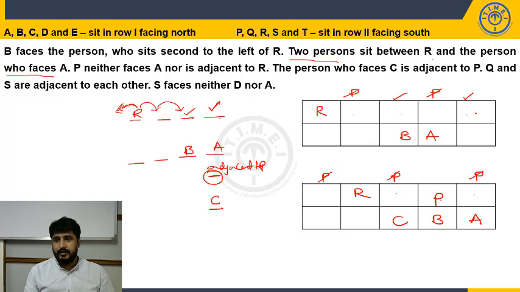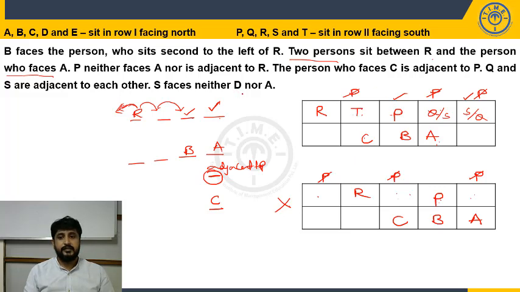P here, P's adjacent opposite C, not possible. So P cannot be here. So P here, adjacent opposite A, adjacent opposite C. So P is fixed, C is also fixed. Q and S are adjacent to each other. In this case, Q and S being adjacent to each other is not possible, so this case is ruled out. Now here, Q or S, S or Q. The remaining T will be here.